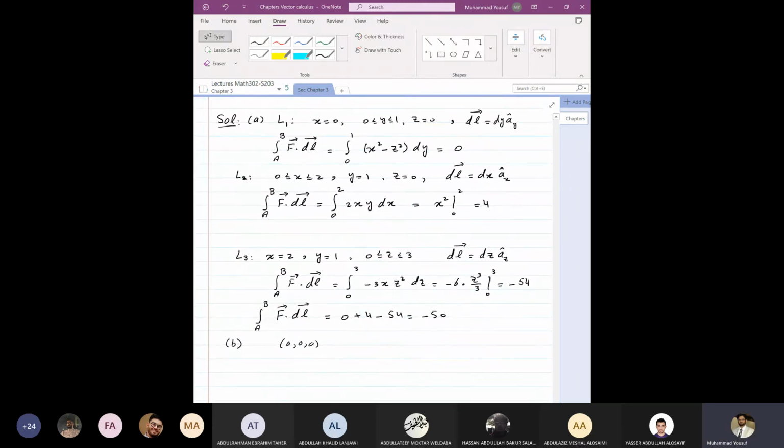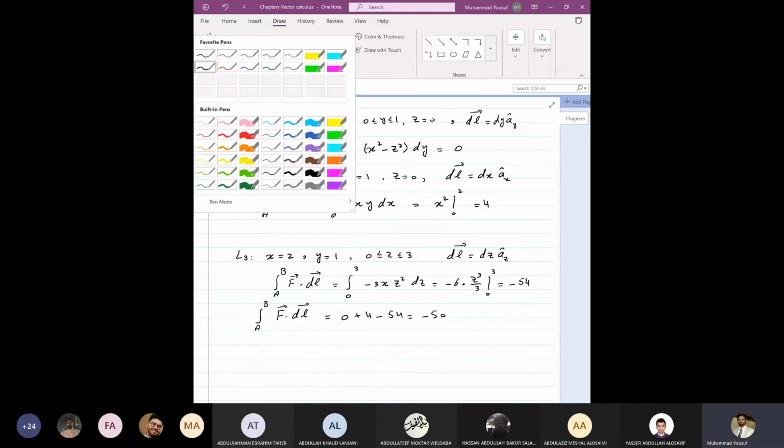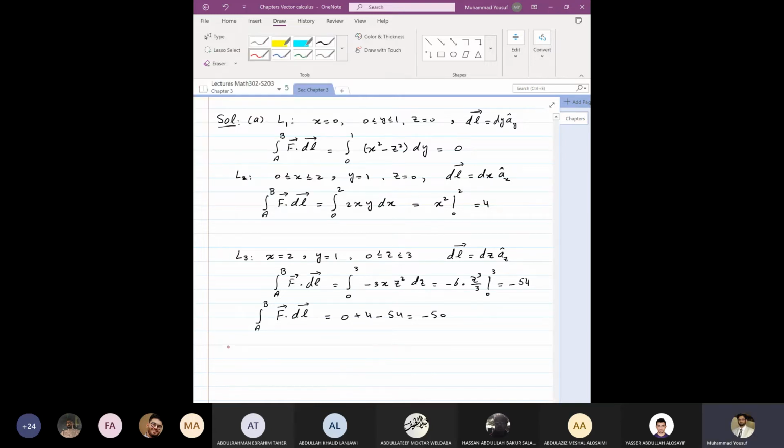The other point is 2, 1, 3. Let me tell you first, in general, and then I will do this one. In general, because you may have some other points, I'm including it here as a note.